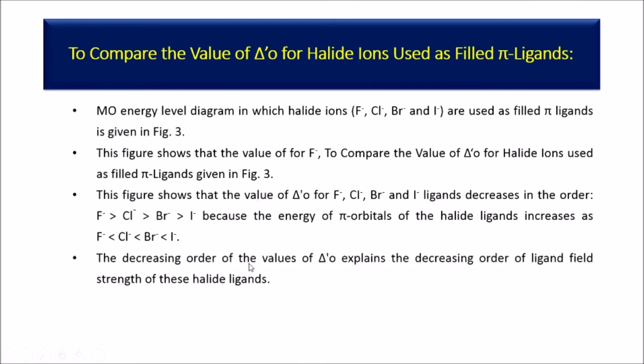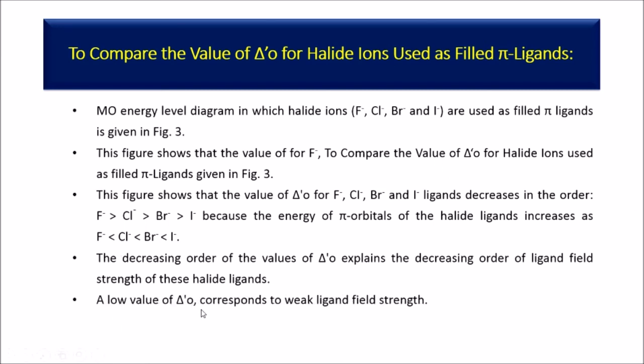The decreasing order of the value of delta dash O explains the decreasing order of ligand field strength of these halide ligands. Why halides have different splitting energy with the same metal ion, we cannot explore in CFT. We can explore it here using the MOED diagram.